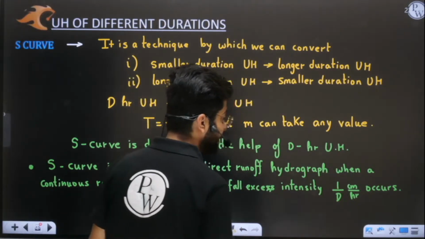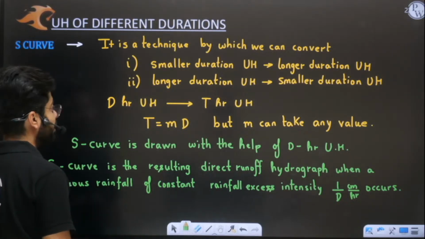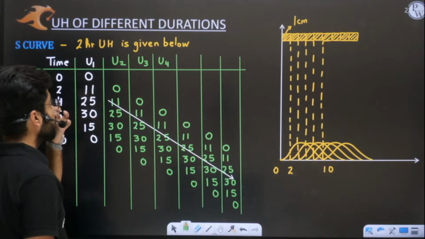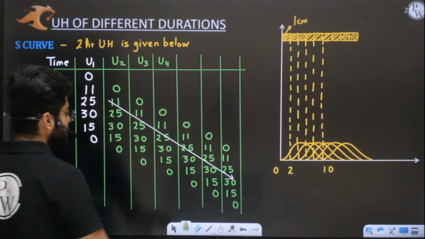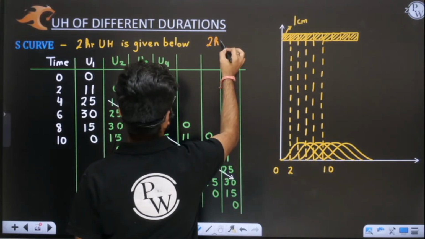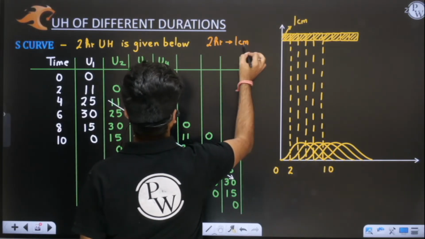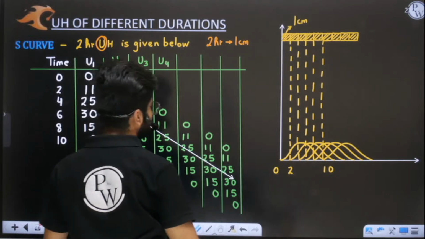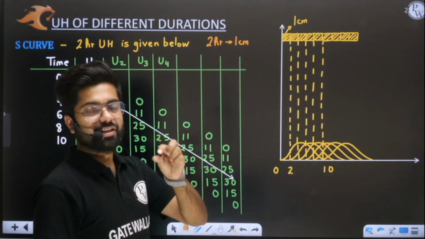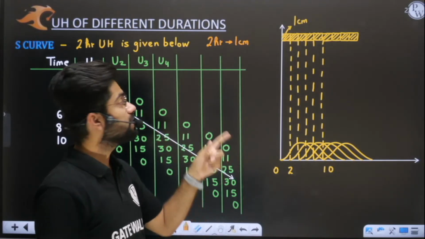Now what is the meaning of 1 by d? Listen very carefully. In this question, if in 2R the effective rainfall depth is 1 centimeter, it's a unit hydrograph. Unit hydrograph means that direct runoff depth or excess rainfall is 1 centimeter.